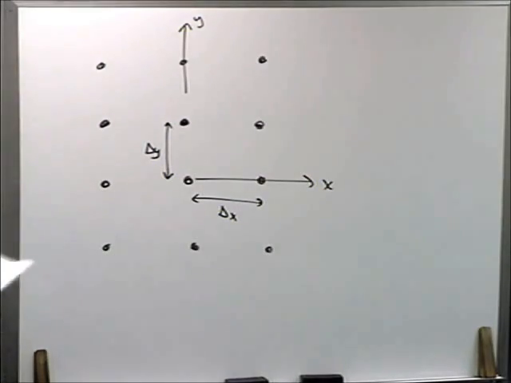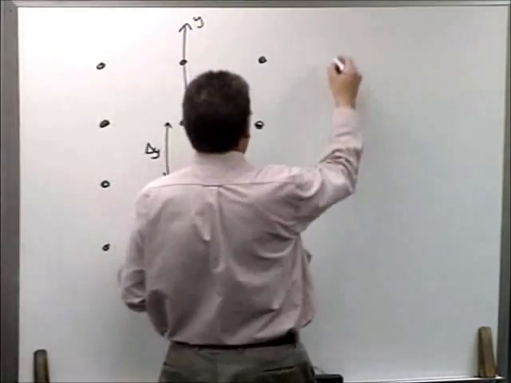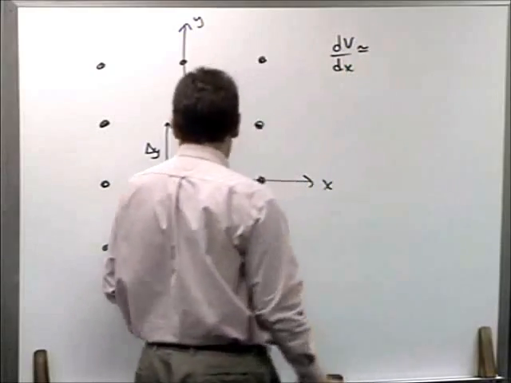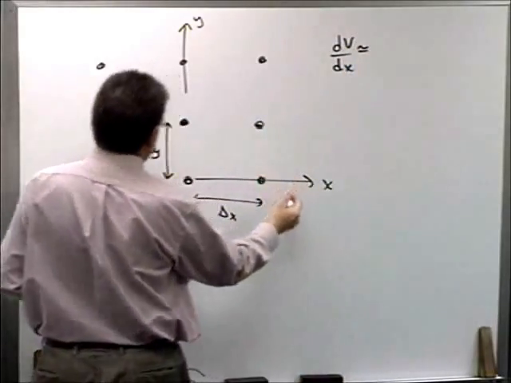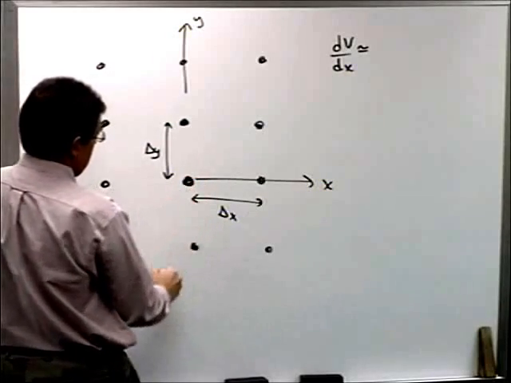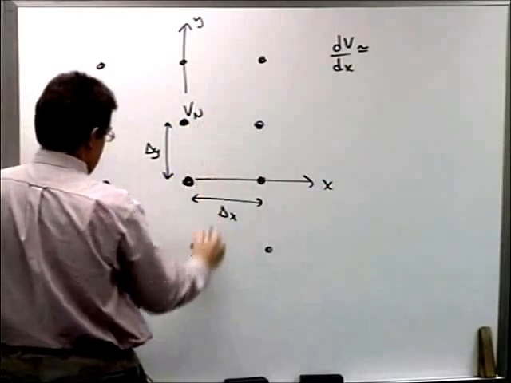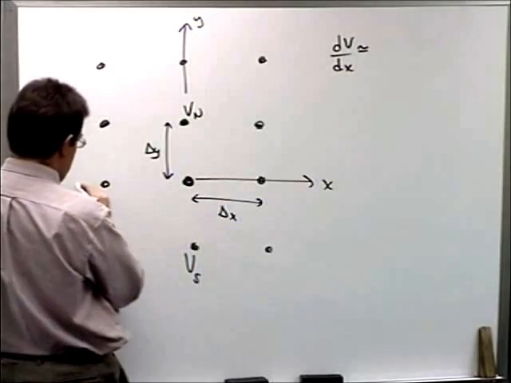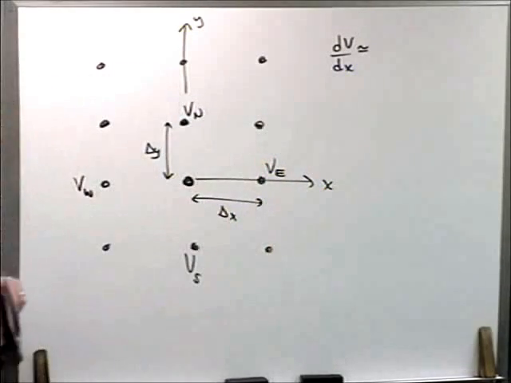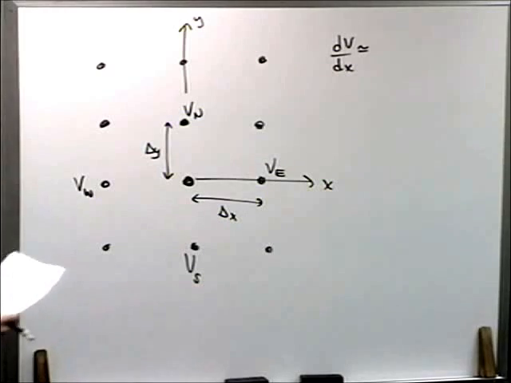Then, of course, your derivative here, dv dx, would be approximately, well, you follow the notation here. Let's say we were working at a point here. Let's call this v north, v south, v west, and v east, as though we were looking down on a map or something.